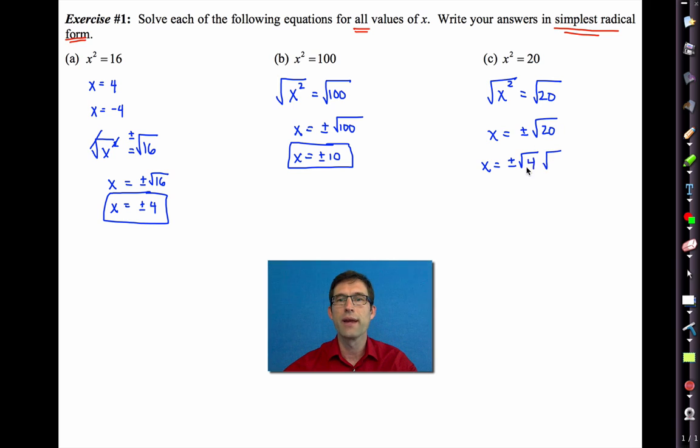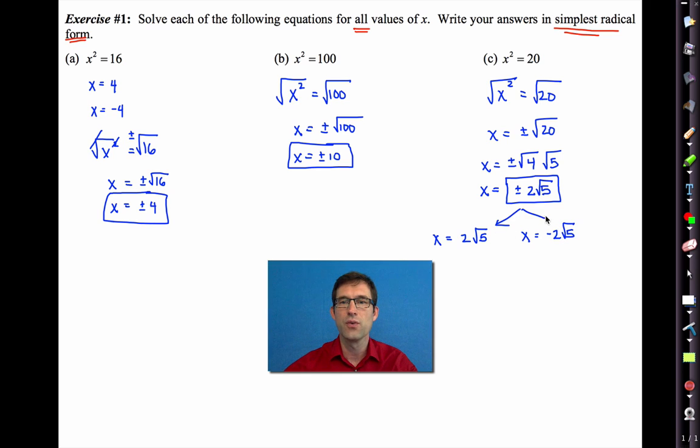And we can break 20 up then into the square root of 4 times the square root of 5. Take the square root of 4 and we get 2. Don't lose that plus and minus. And we get plus or minus 2 times the square root of 5. Now, I do want to emphasize there are two answers there. Those two answers are positive 2 times the square root of 5 and negative 2 times the square root of 5.